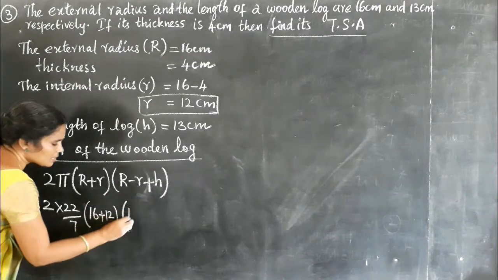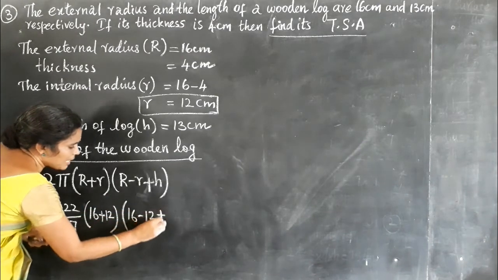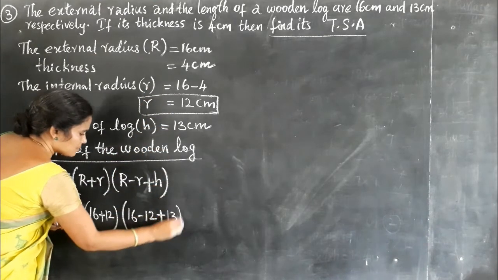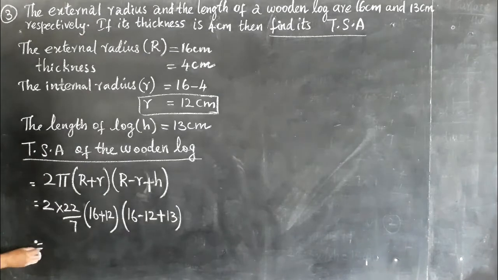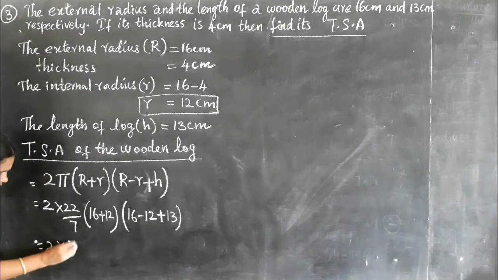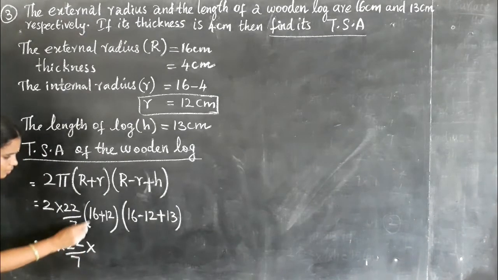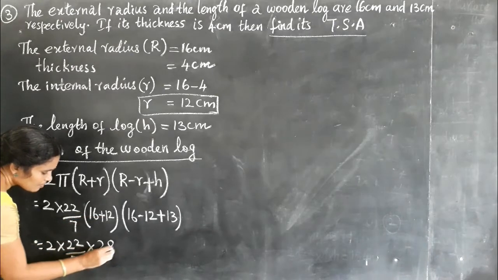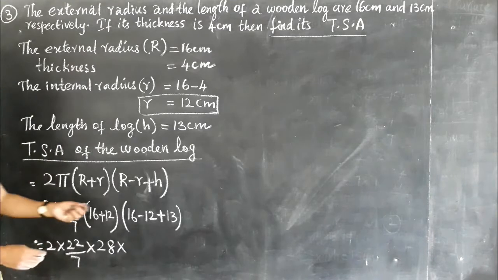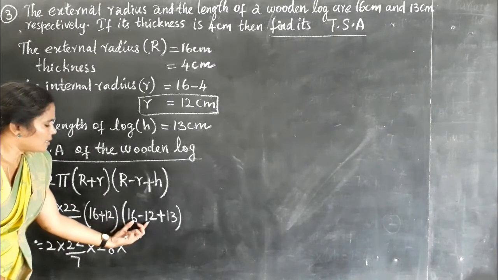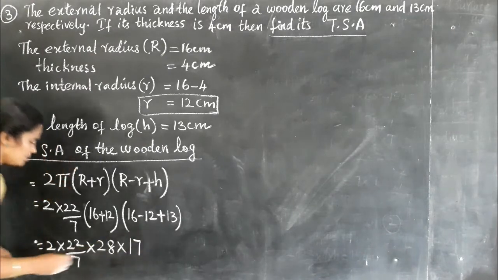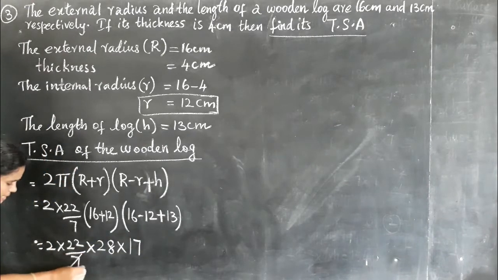Again here, 16 minus 12 plus h, h is equal to 13. 2 into 22 by 7 into 16 plus 12, so 28, into 16 minus 12 is 4, 4 plus 13, 17.